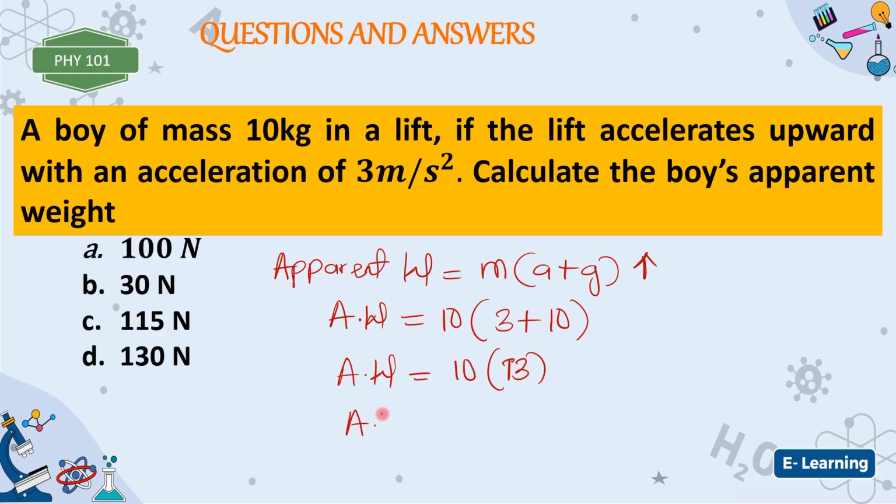So 10 times 13 gives us 130 Newton. That's our apparent weight for this motion. All right, it's a very simple question. Now, if the boy is coming downward, the apparent weight will be g minus a, which is the acceleration with which it is coming downward.